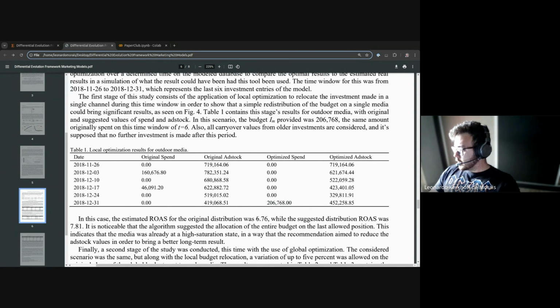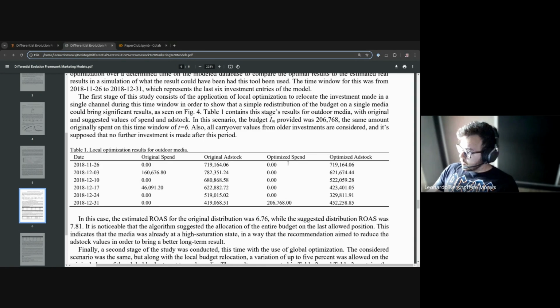And as we can see, when evaluating this original scenario of the data set just as it is, we had a ROAS of 6.76. So for each real we spend on this media channel, we got in return 6.76 reais.